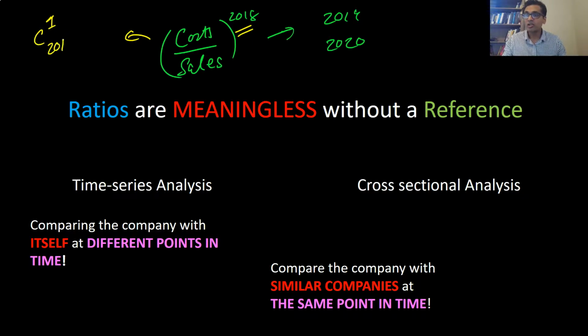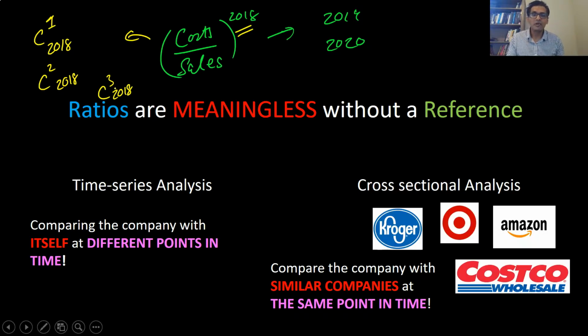Look at what this ratio looks like for them in 2018. Let's do the same for company 2 in 2018, company 3 in 2018. The key point here is that you're looking at different companies that are similar to you at the same point in time. So there's no trend, there's no time series here. It's cross-section. So for Walmart, these companies may include companies like Kroger, Target, Amazon, Costco. You could probably come up with a few more.